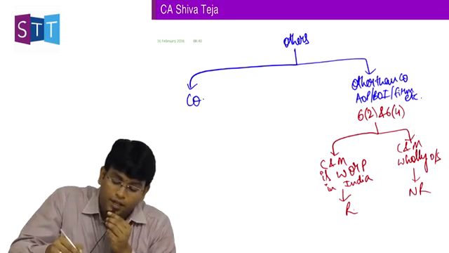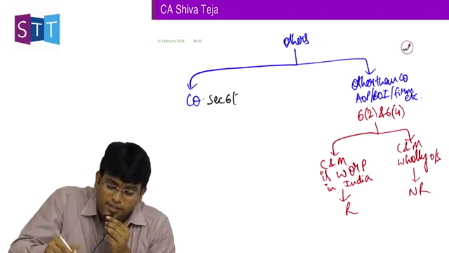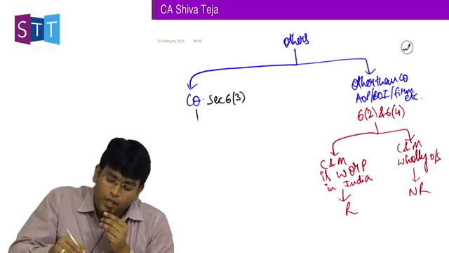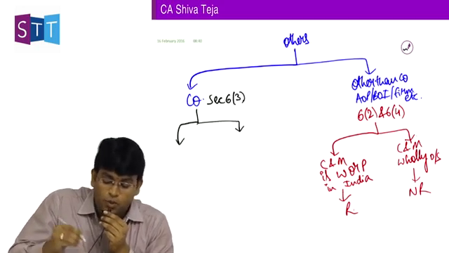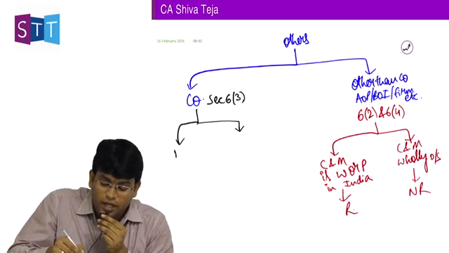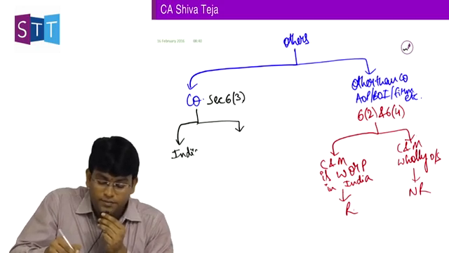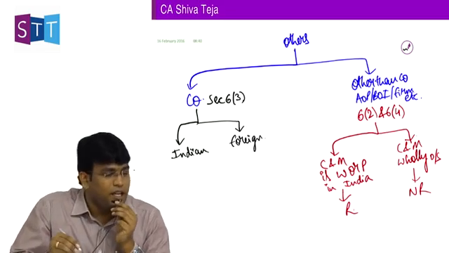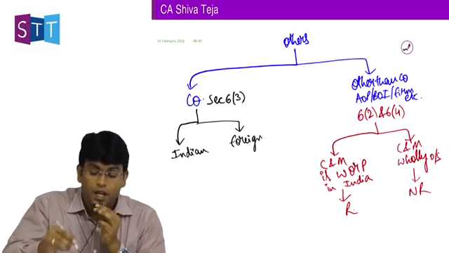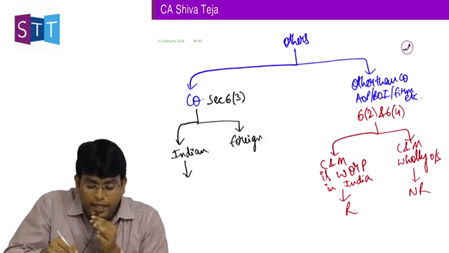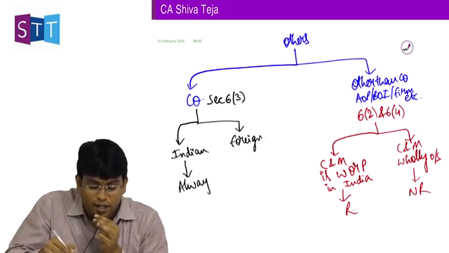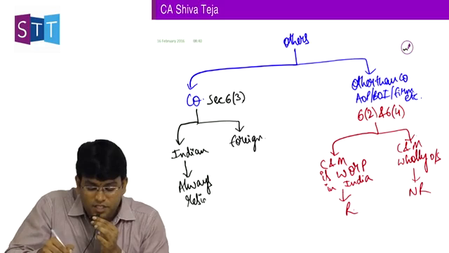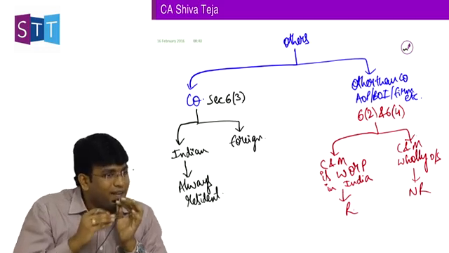Other side of the coin. This is slightly important. This is given by section 6(3), where for company we classify them into two categories: Indian and foreign. Indian is also called domestic. Domestic company, foreign company. Now, Indian company is always resident. Once it is registered in India, it is always resident.